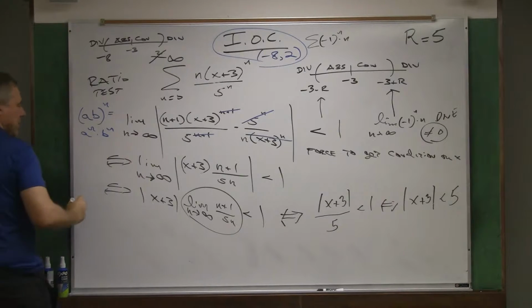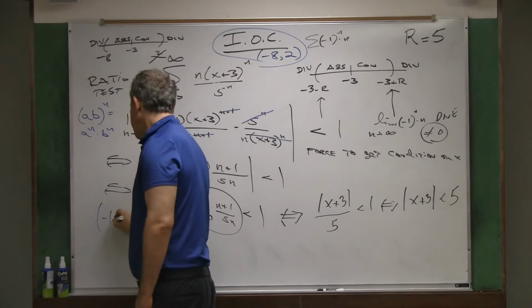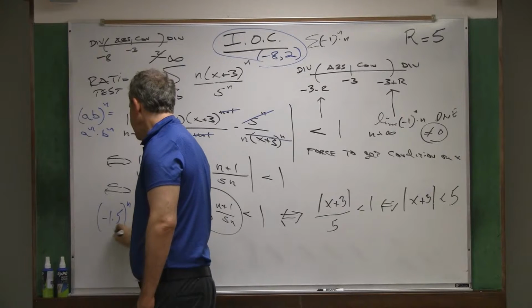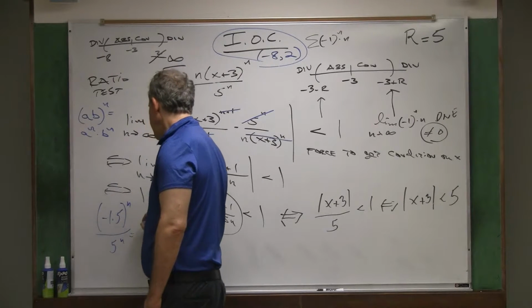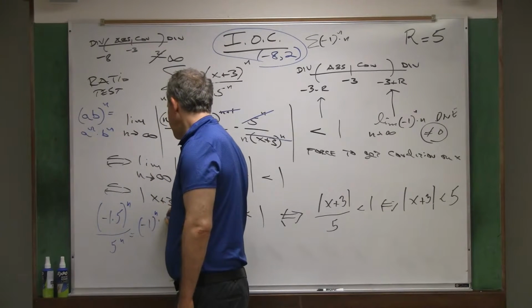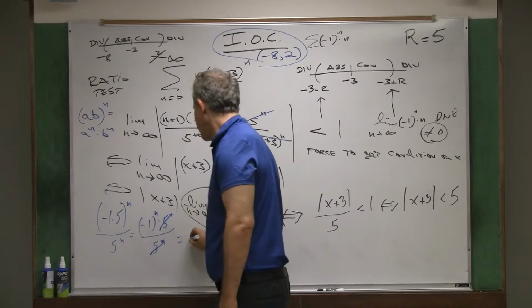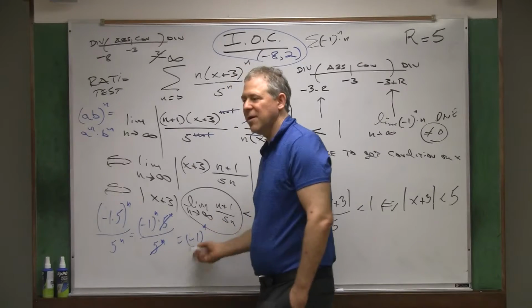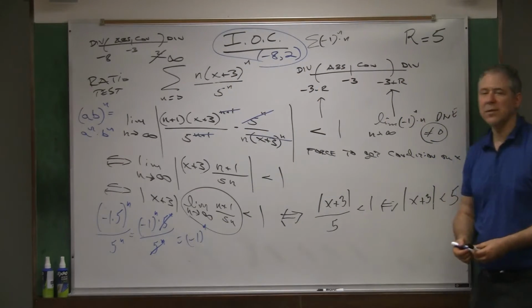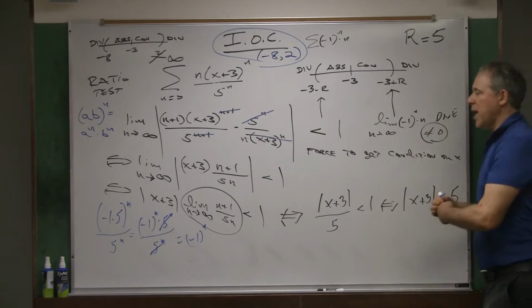Yes. Okay, so -1 times 5 to the n divided by 5 to the n is -1 to the n times 5 to the n divided by 5 to the n, which is -1 to the n. So just algebra.